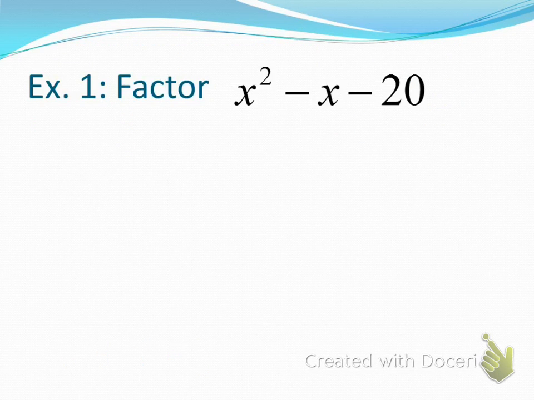Okay, so let's factor x squared minus x minus 20. Now again, on these first few problems, they set up the table for us for our factors. What are we finding factors of? Not just 20 though.